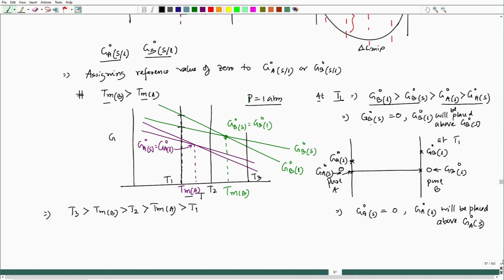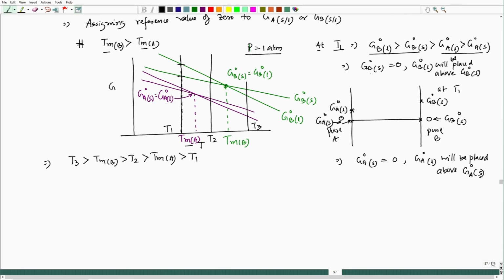For example, let us say another particular condition which will be interesting, that is at TMA. Let us look at the free energy hierarchy. For GB naught L, still it will be greater than GB naught S. We are separately considering, so I can put GA naught liquid equal to GA naught solid.